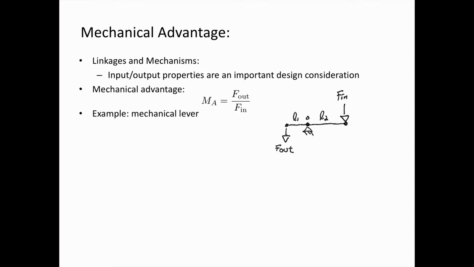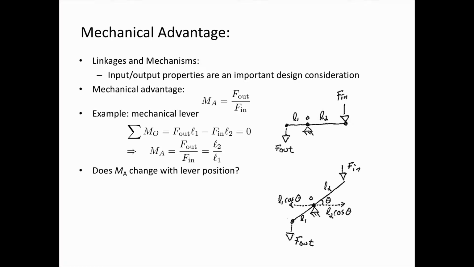We can define the length to the left of the fulcrum as L1, the length to the right of the fulcrum L2, and we have an input force and we have an output force. To analyze this system, we can use a statics equation. We can sum the moments about the fulcrum and set that equal to 0. And with that, we can derive what the mechanical advantage is. At least in this position, the mechanical advantage is simply L1 over L2.